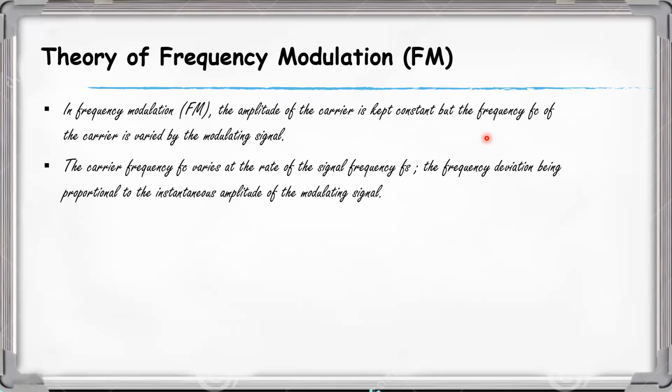The carrier frequency Fc varies at the rate of signal frequency Fs, the frequency deviation being proportional to the instantaneous amplitude of the modulating signal.